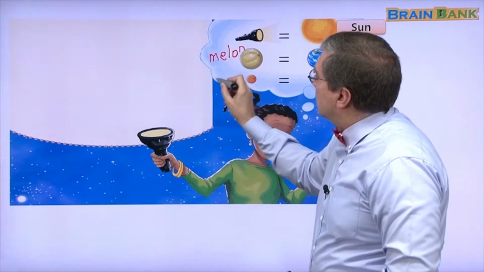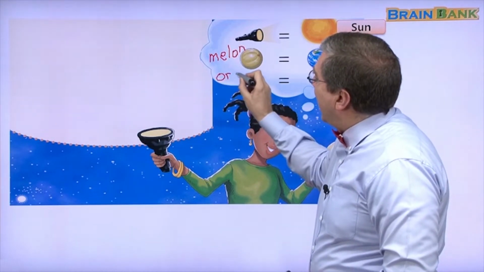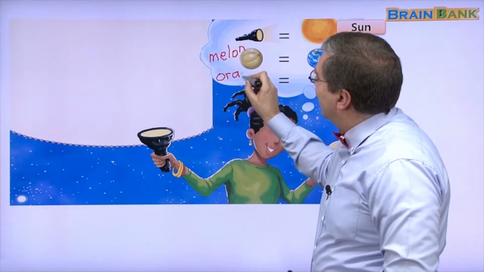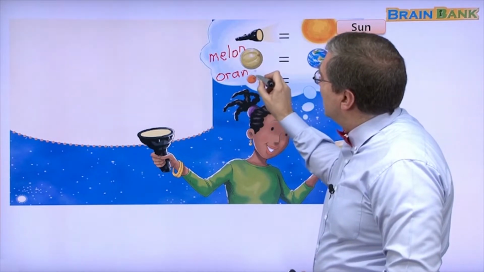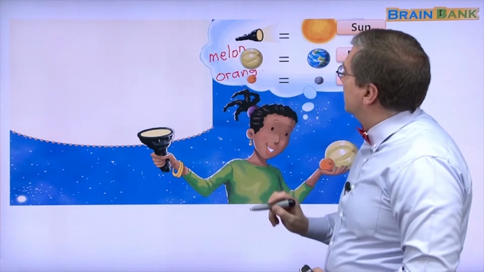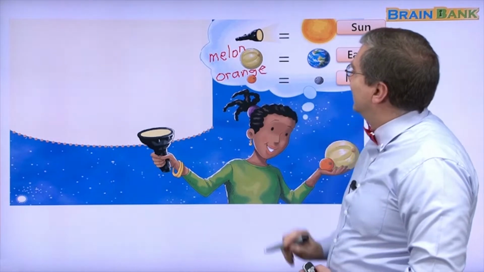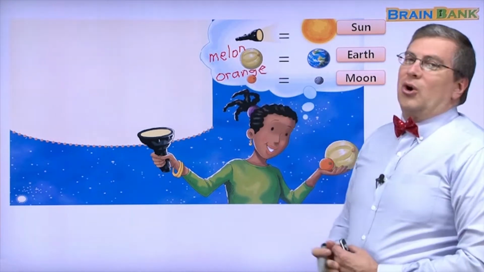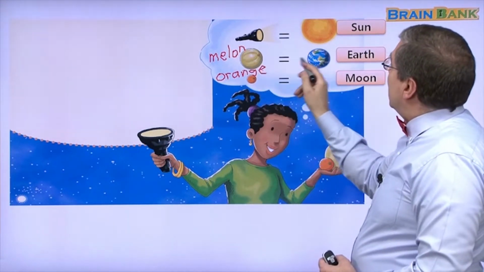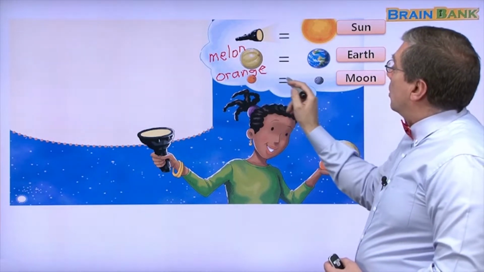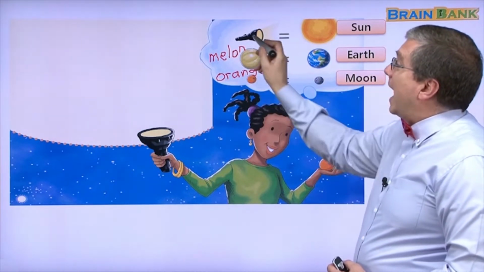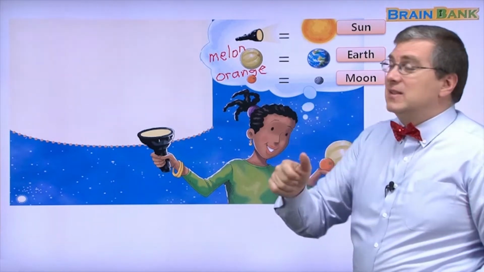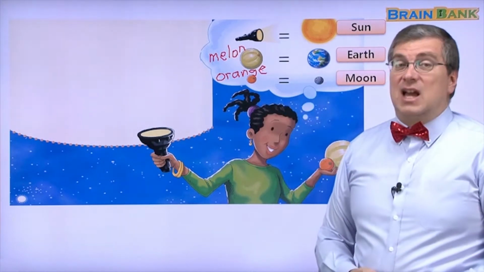This is an orange. O-R-A-N-G-E. Melon and orange. So the melon equals the earth. The orange is the moon. And a flashlight is the sun.